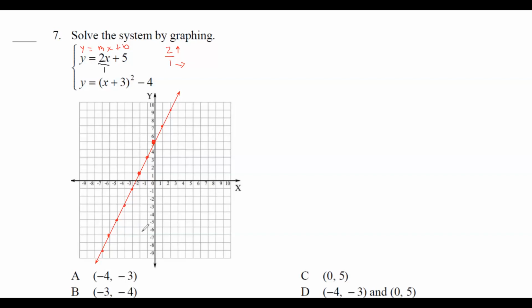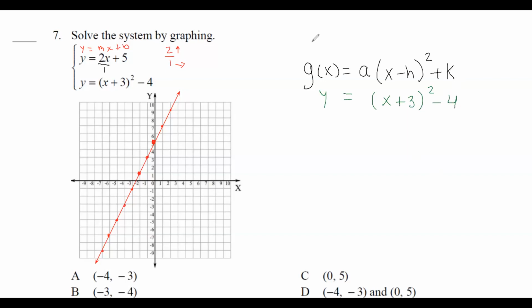Let me write the general form: g of x equals a times (x minus h) squared plus k. Let me write the equation that we're given here today right underneath. Instead of g of x, we have y equals (x plus 3) squared minus 4.